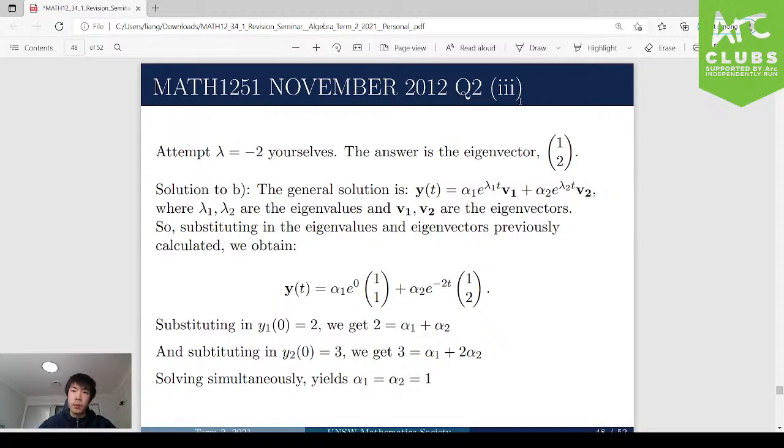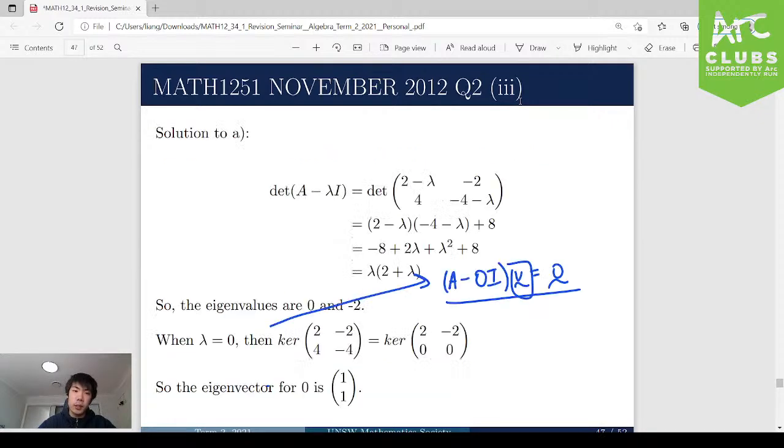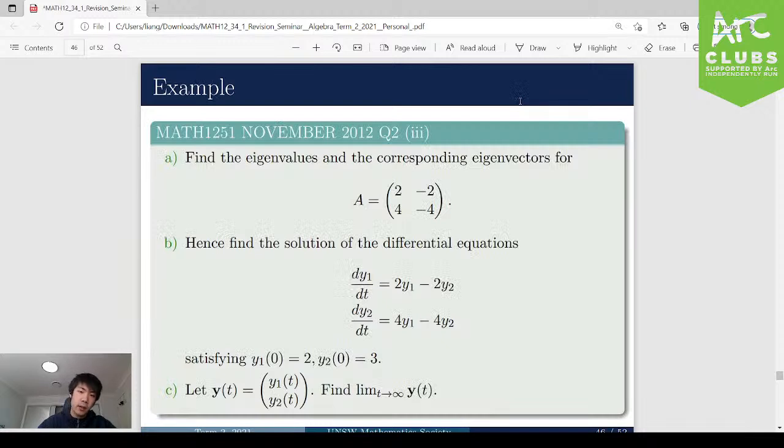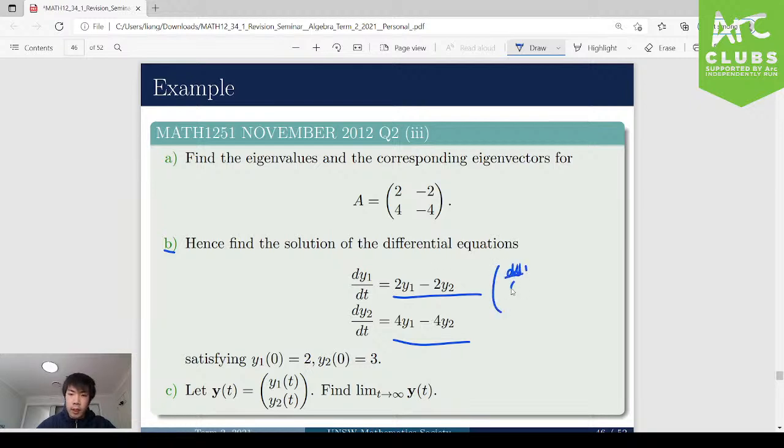The whole point is that for this 2 by 2 matrix, we have 2 different eigenvalues, and now we have the solution for part B. Part B asks you to find the solution to the two differential equations dy1 equals 2y1 and dy2 equals 4y1 minus 2y2. If you set this up, you would just have the matrix A times (y1, y2), where A is the matrix with rows (2, 0) and (4, minus 2).